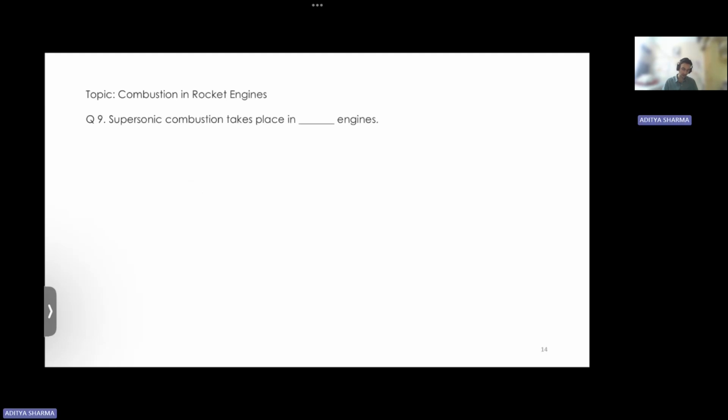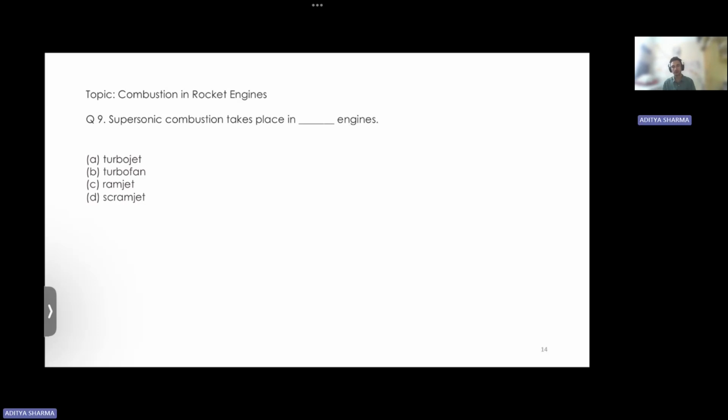Moving on to the next question, question number 9, based on combustion in rocket engines. Supersonic combustion takes place in dash engines. Combustion can take place in supersonic conditions, when the flow is supersonic inside the combustion chamber, though combustion generally takes place with subsonic flow inside the combustion chamber.